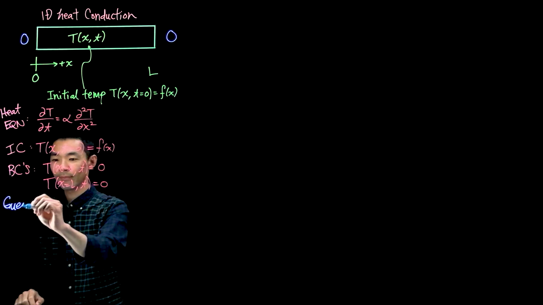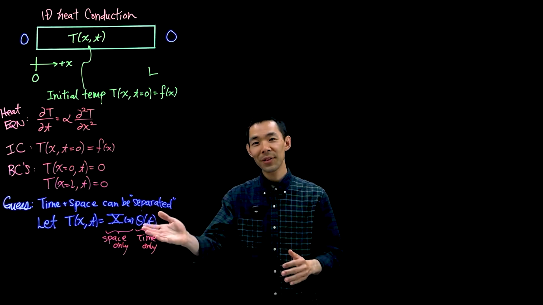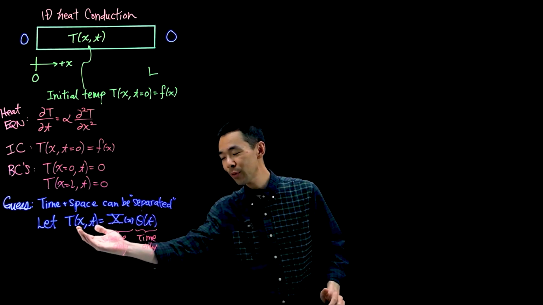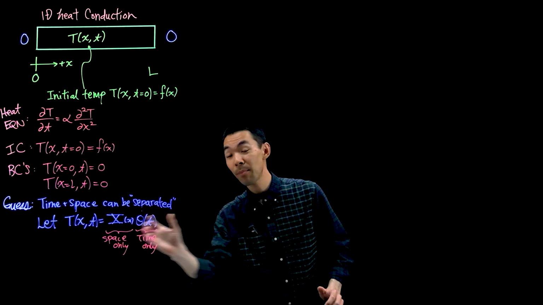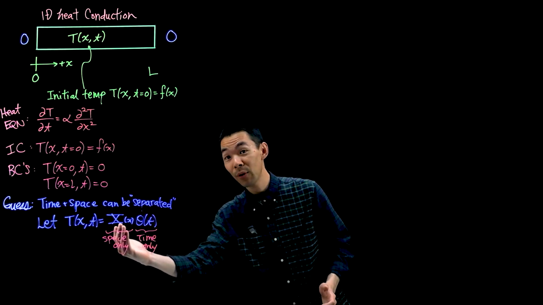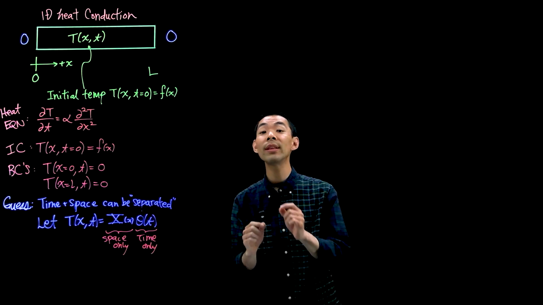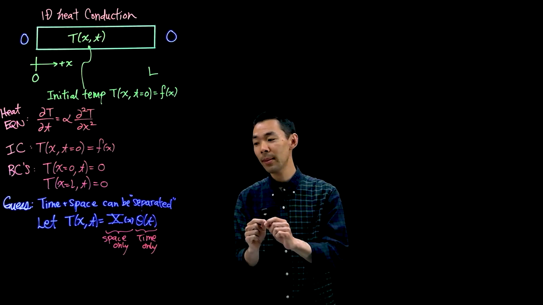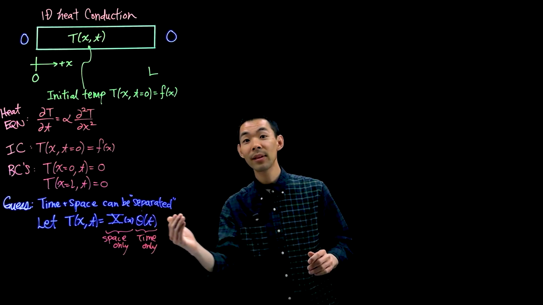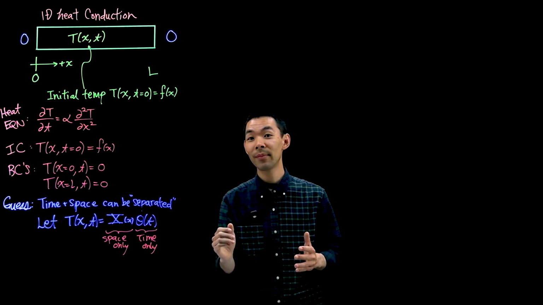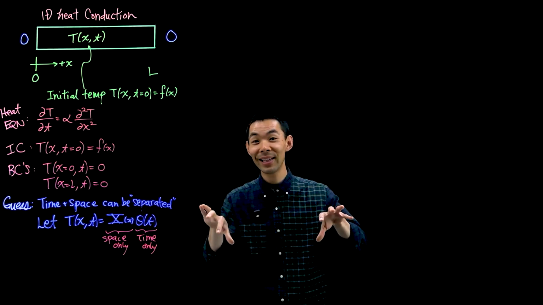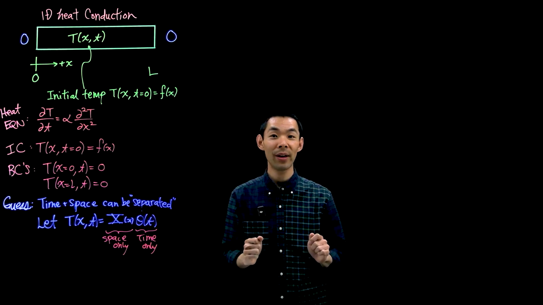Let's write this down. Just like this. We have a temperature, which is in general a function of position and time. We're going to write it as a product of capital X, which is function of only the position x along the 1D coordinate, times another function, theta, which is only a function of time. So we are separating the 2 independent variables.